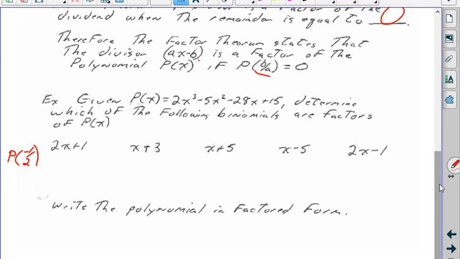But we're evaluating at 2 times negative 1/2 cubed minus 5 times negative 1/2 squared, 28 times 1/2 plus 50. Now, I'm going to bring up my calculator and I'm going to show you a shortcut if you're asked to evaluate this multiple times with the same polynomial.